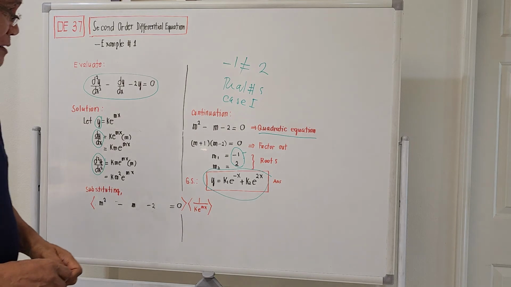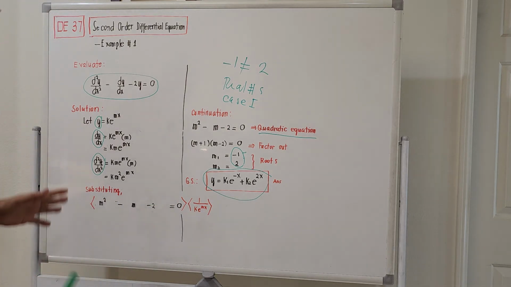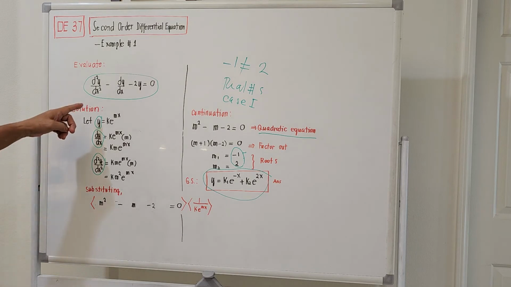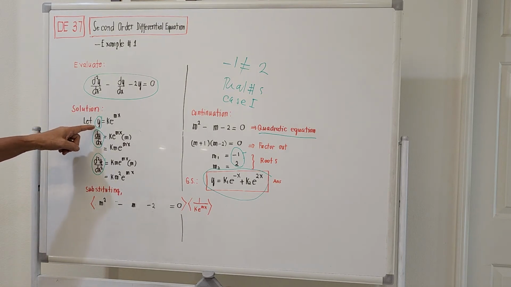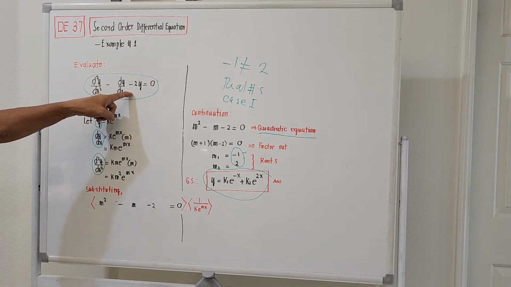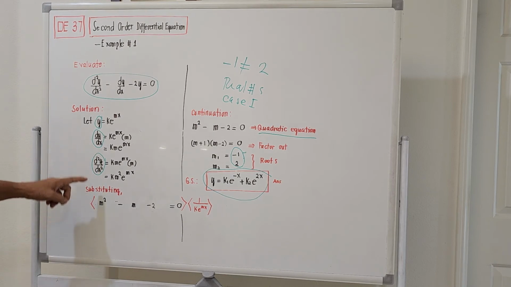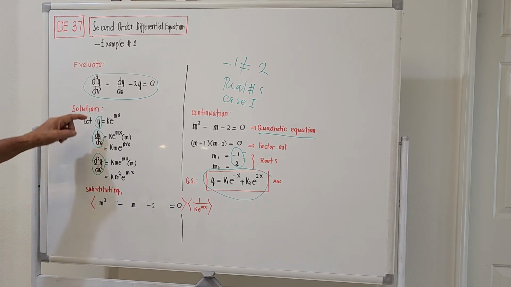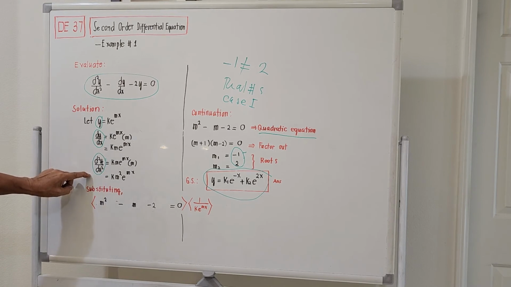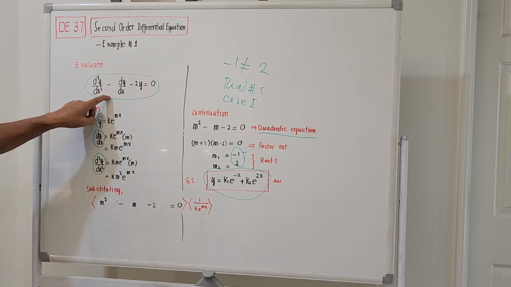That's it, guys. It's easy to solve a second order differential equation. You just let the substitution y equal to k e raised to mx, take the first derivative, then take again the derivative of the first derivative, which will be the second derivative. Take these three substitutions and put them back into the given second order differential equation.